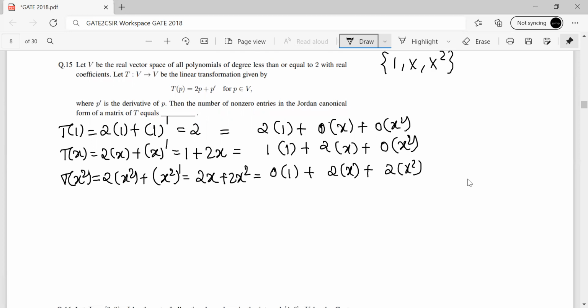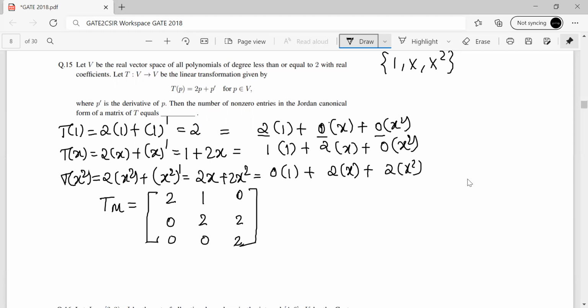So the matrix corresponding to this transformation would be equal to, write down all these coefficients in transpose form. So 2, 0, 0, 1, 2, 0, 0, 2, 2. So we got this matrix.